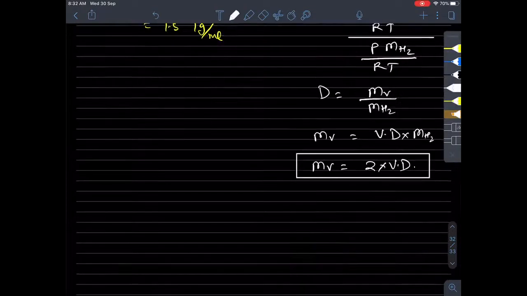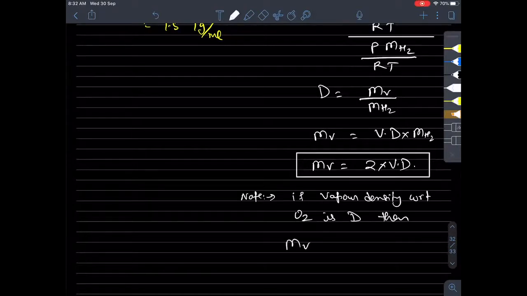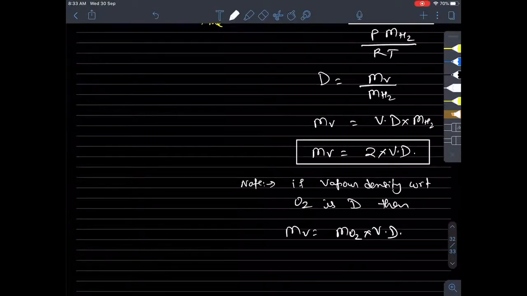But what you need to make a note of: if vapor density with respect to oxygen is capital D, then molar weight of vapor will be molecular weight of O2 multiplied by VD. I hope you are understanding, right?